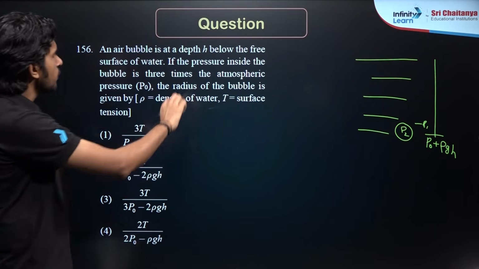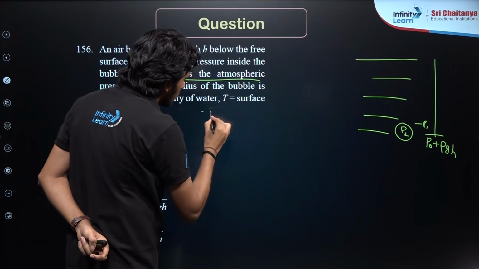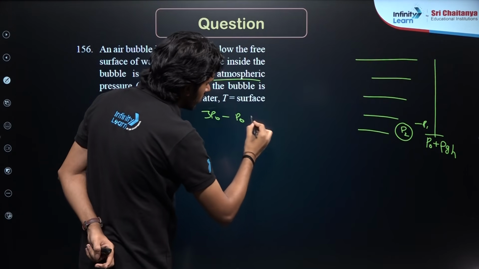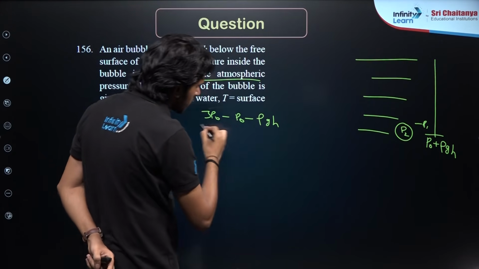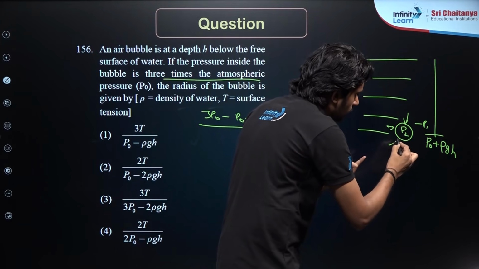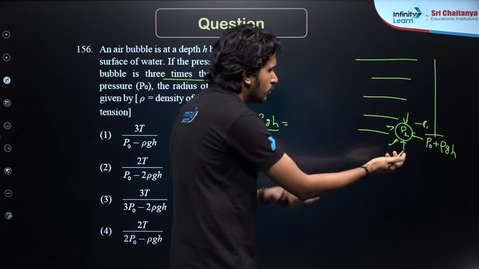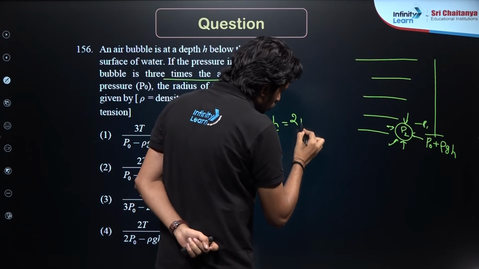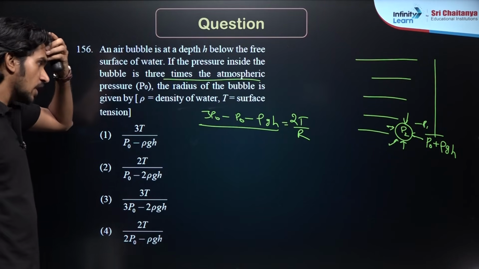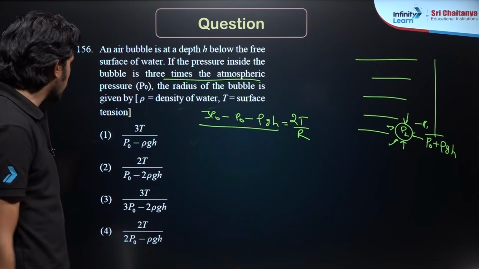We can find out that excess pressure. If the pressure inside the bubble is 3 times the atmospheric pressure, the inside pressure is 3 P naught. 3 P naught minus P naught plus rho gh, means minus rho gh. That is the excess pressure. Now only one surface is exposed and the other is in touch with fluid, so we'll have 2T by R or 2S by R. We are denoting that with T. Then 3 P naught minus P naught, 2 P naught minus rho gh equals 2T by R. What do we need?